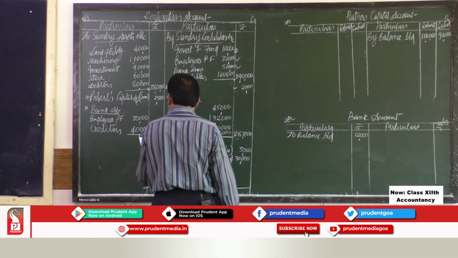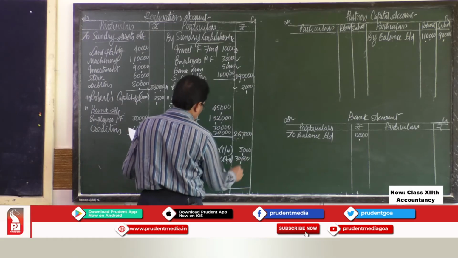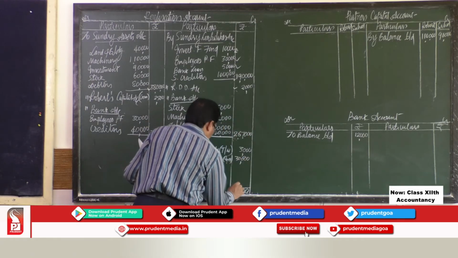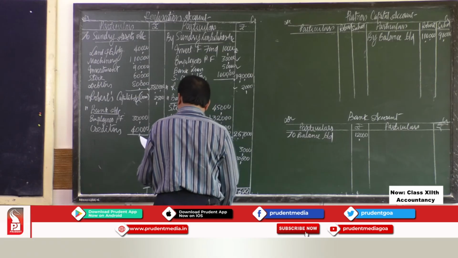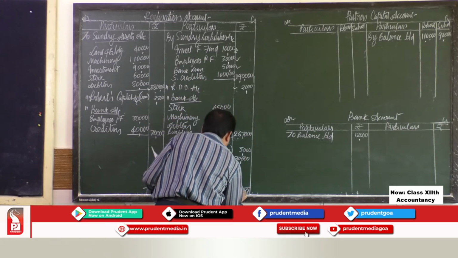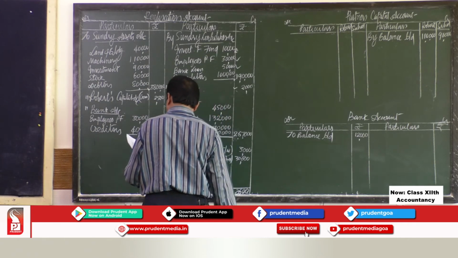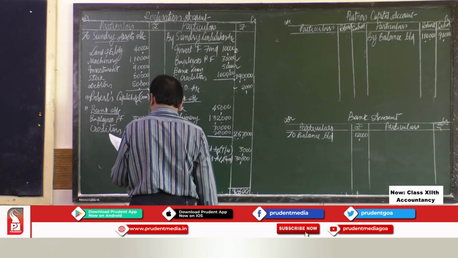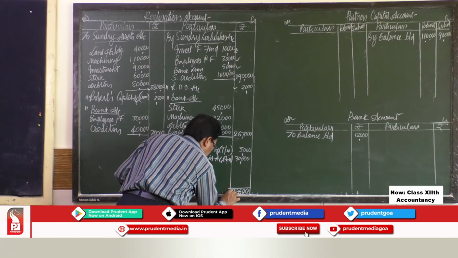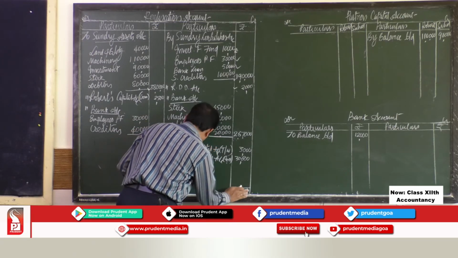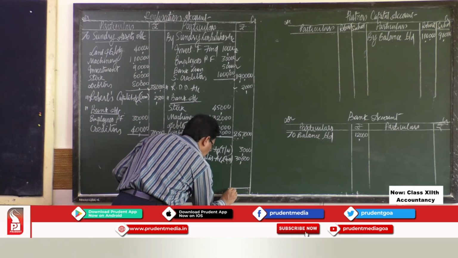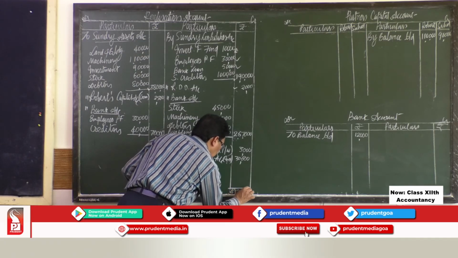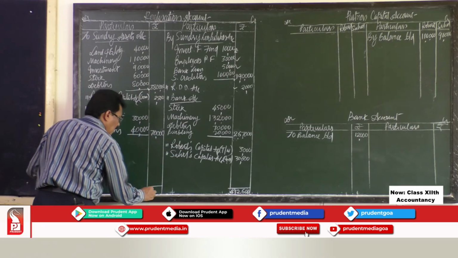So you have to find the total of the realization account on the credit side. That is 4,92,600.